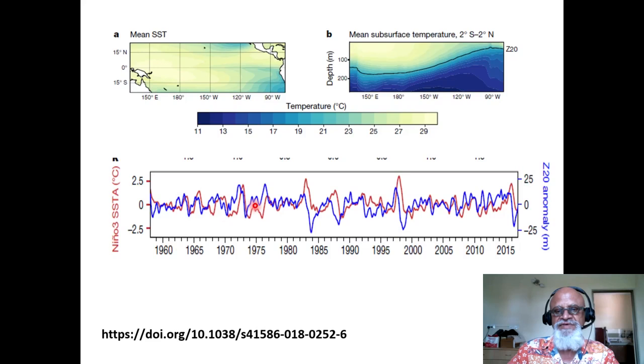You clearly see a very high correlation between them. There are lead lag relations based on the phases of El Nino and La Nina, and we'll see a bit more of that. But essentially, Bjerknes feedback requires that the thermocline movement affect the SSTs through mixed layer processes.